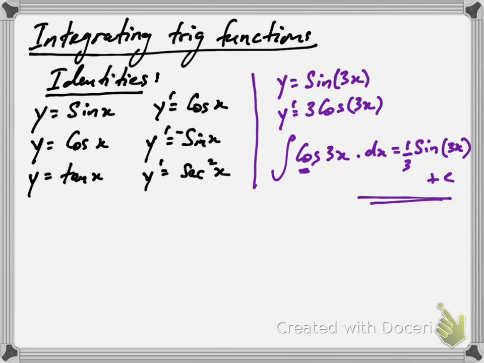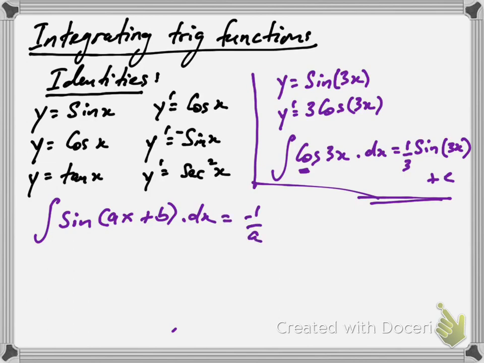So if you have an integral of sine ax plus b dx, you will end up with negative 1 over a, that's the adjustment, cos of ax plus b plus c.